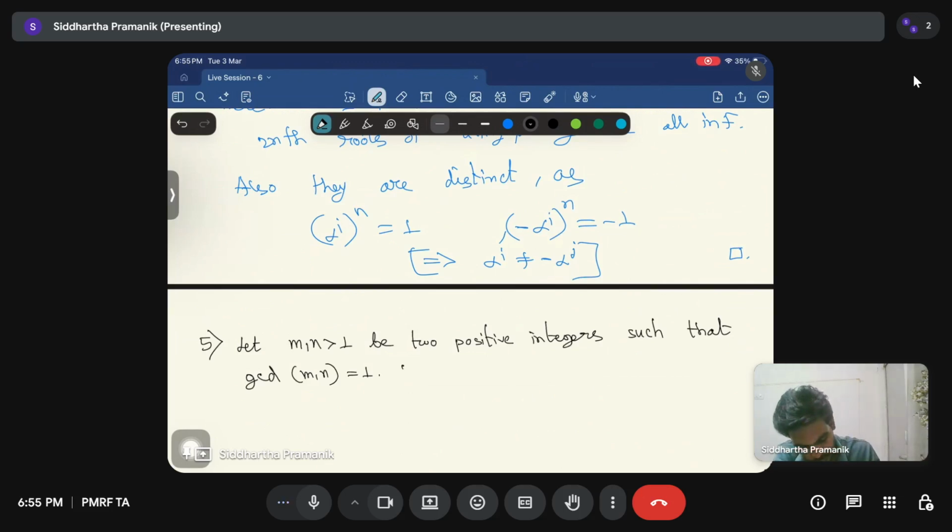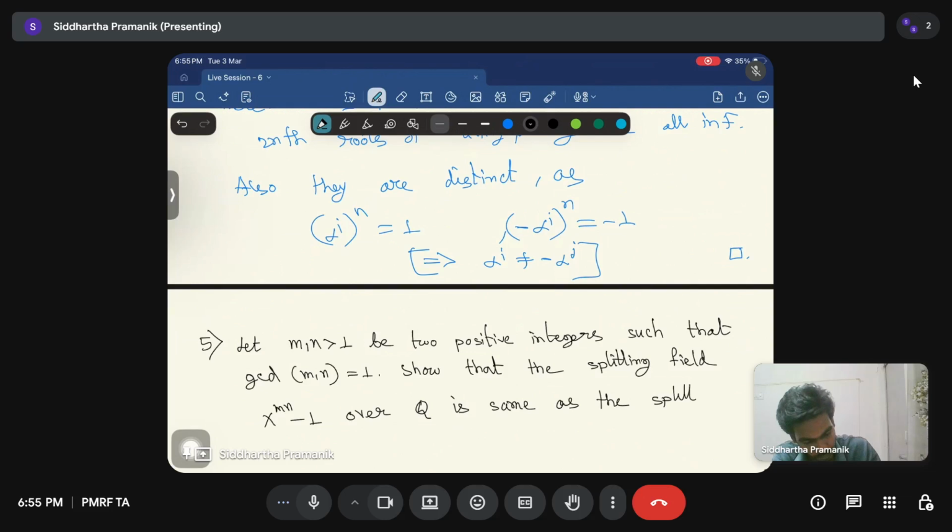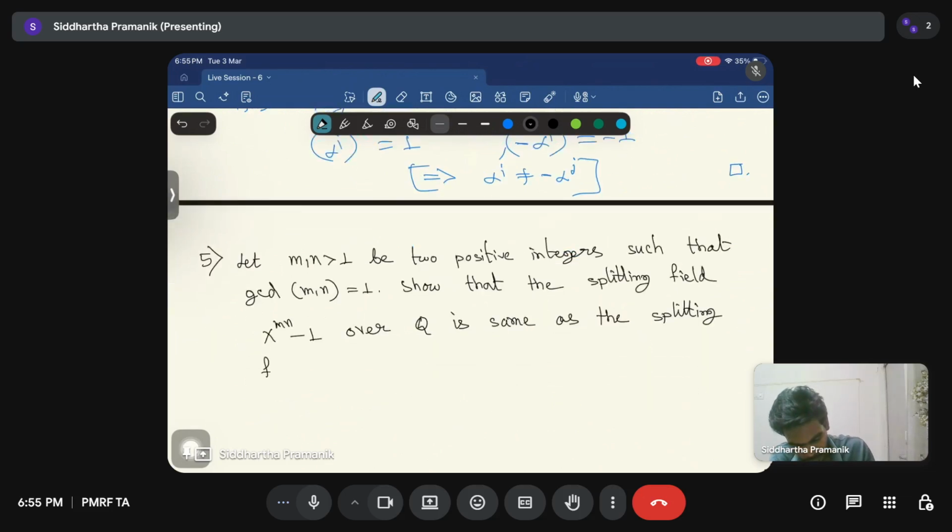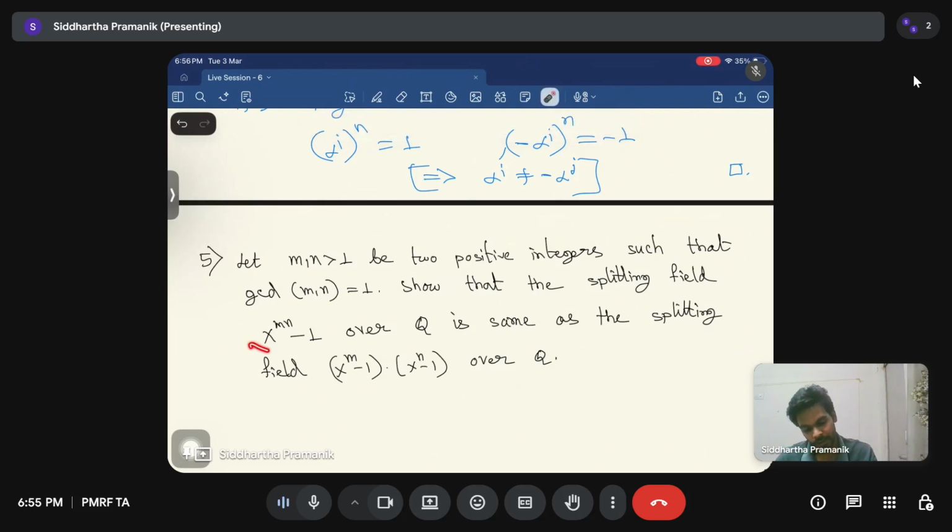Then the splitting field of x power mn minus 1 over Q is the same as the splitting field of x power m minus 1 times x power n minus 1 over Q. So we have two polynomials, x power mn minus 1, and the other one is x power m minus 1 times x power n minus 1.